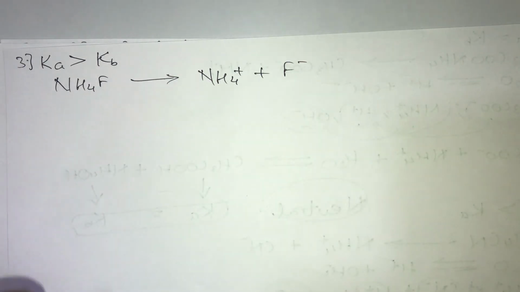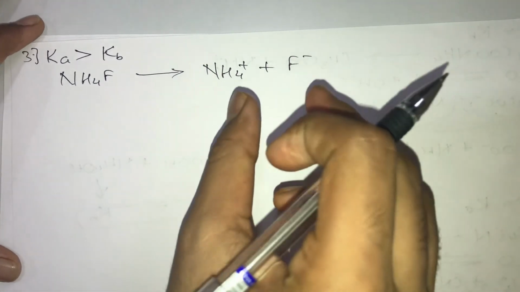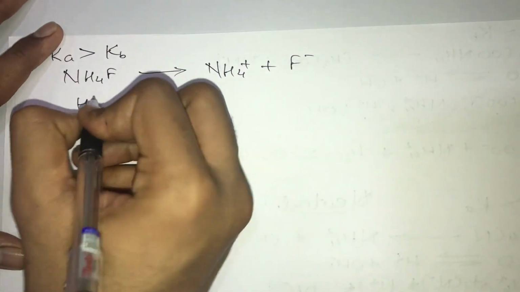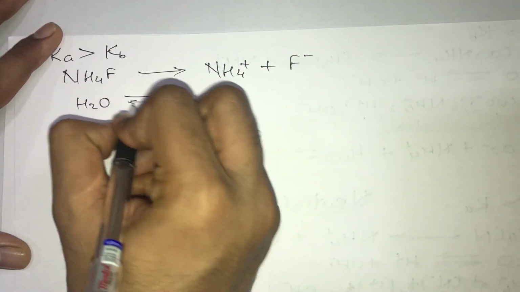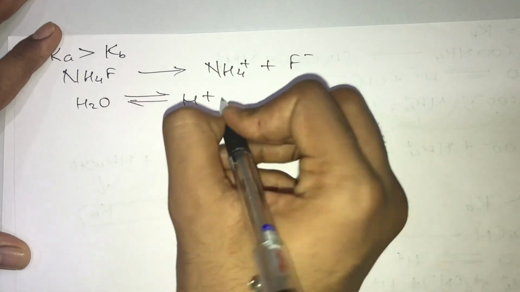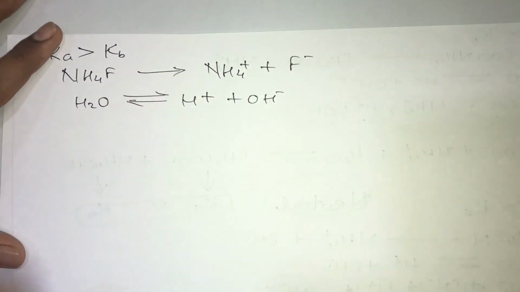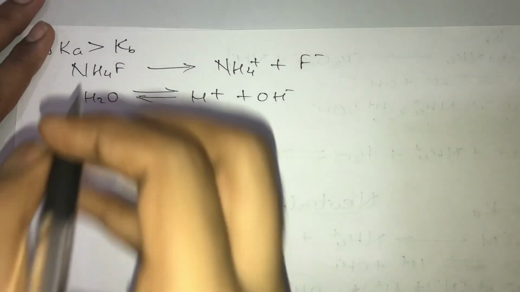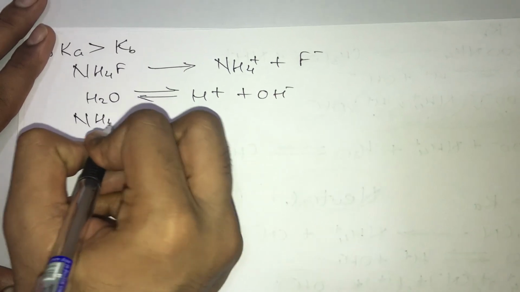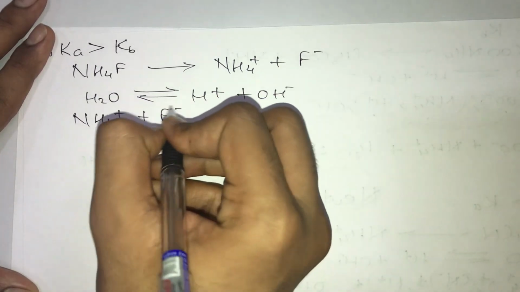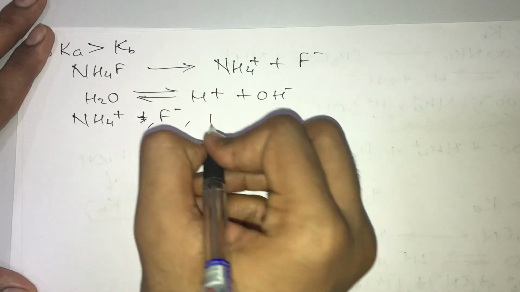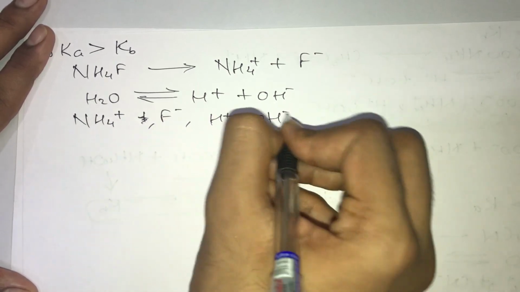Now further on, as we all know, H2O dissociates slightly and produces H plus and OH minus ions. So can I say that there are 4 ions present now: NH4 plus, F minus, H plus and OH minus.